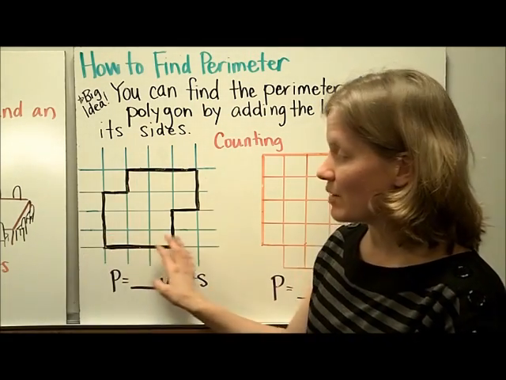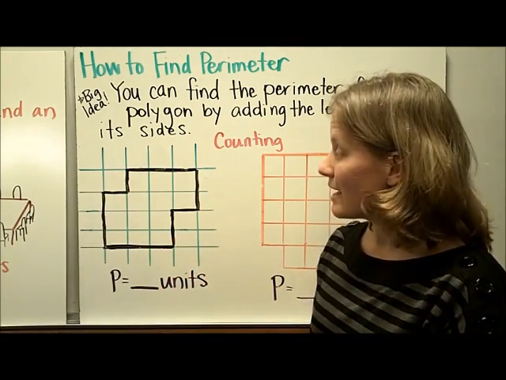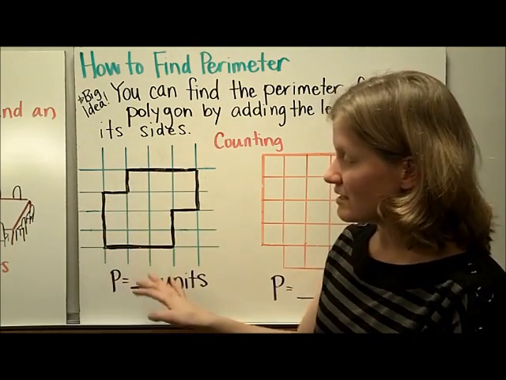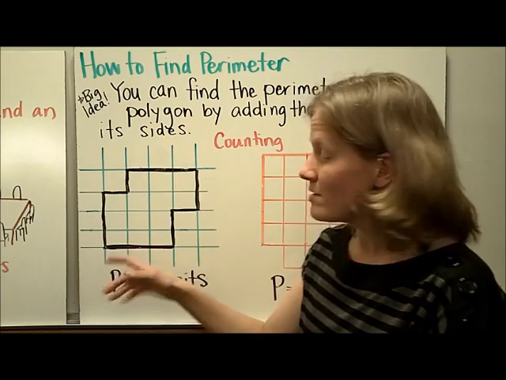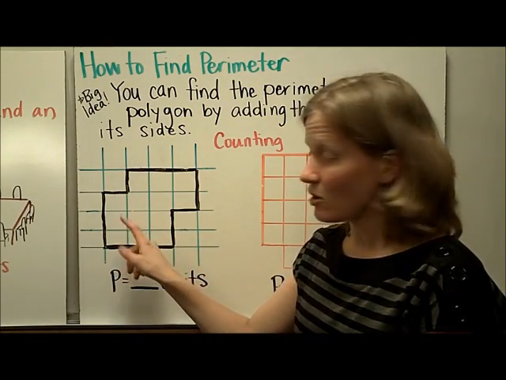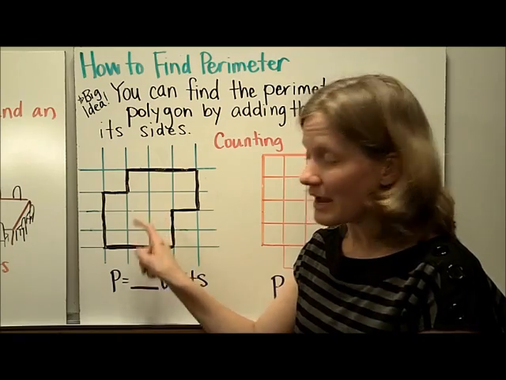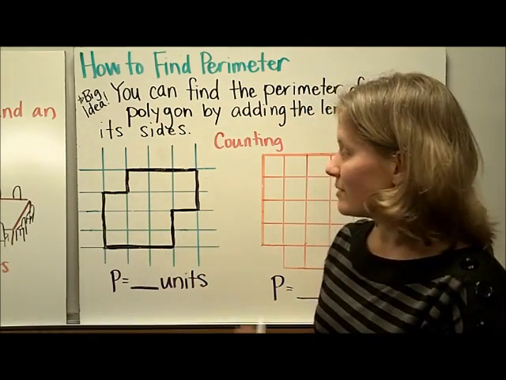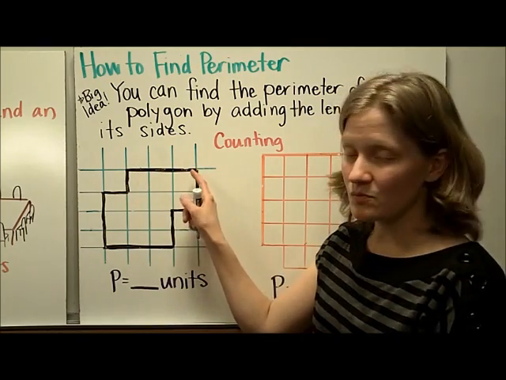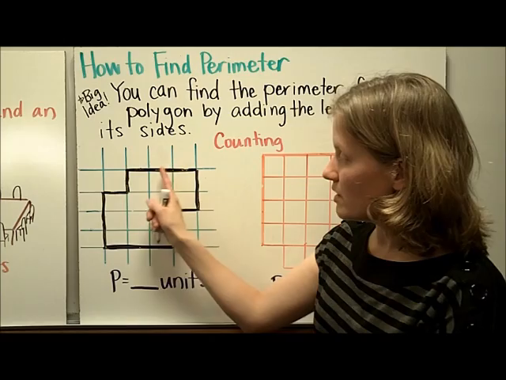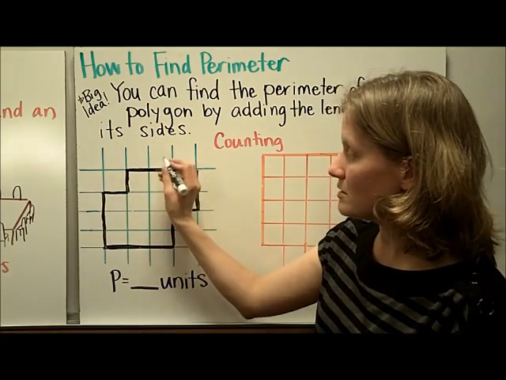I have here a polygon, a closed shape, and I'm going to count the length of each of its sides. In this case, we see that it's been drawn like on graph paper, and we don't know the exact size of these squares, so we just call the length of one side of a square a unit, and then these would be square units. So I'm going to count the top length of this shape, and I see that it's 1, 2, 3 units long.